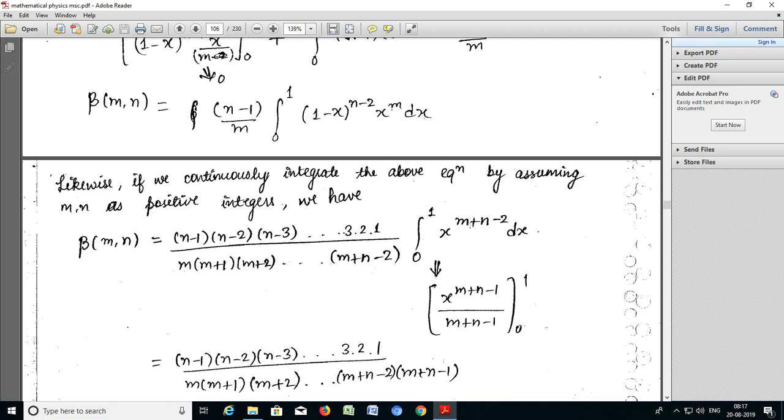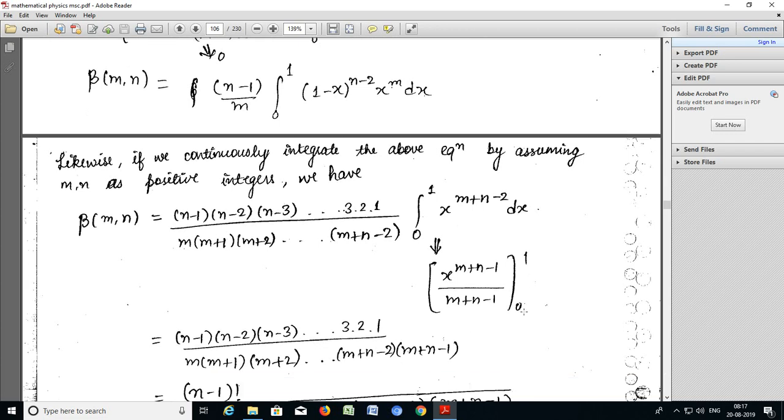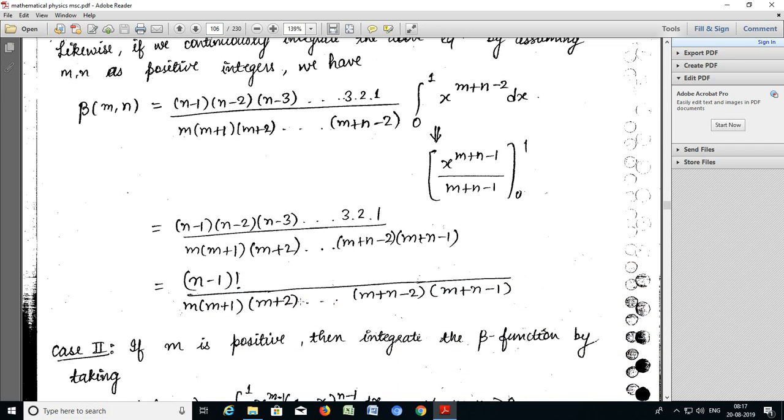Now likewise, if we continuously integrate the above equation by assuming m and n as positive integers, we can write n minus 1, n minus 2, n minus 3, and so on, down to 1, over m plus 1, m plus 2, up to m plus n minus 2, integral 0 to 1, x to the power m plus n minus 2 into dx.